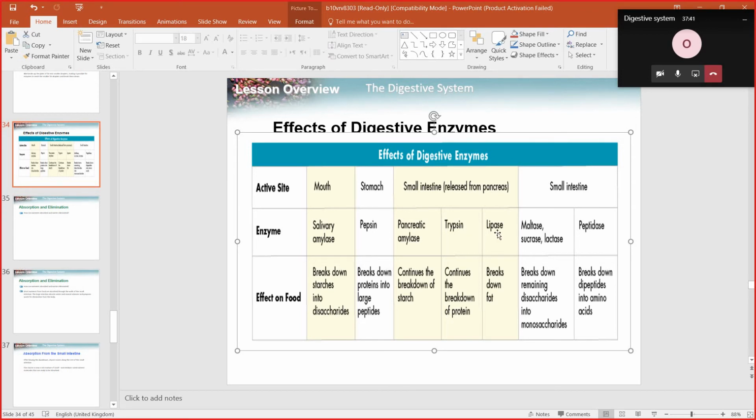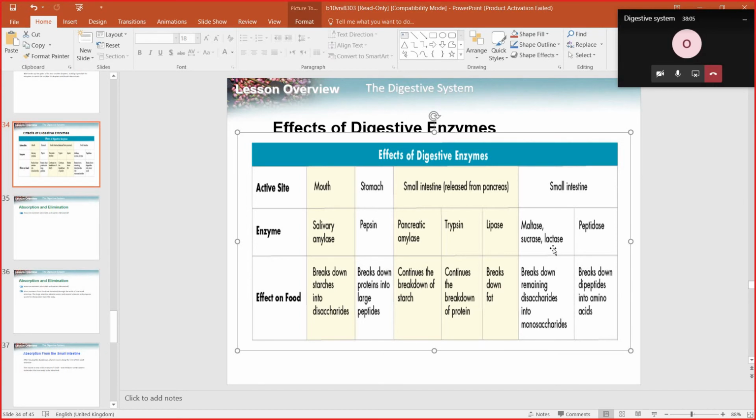Okay, lipase comes from lipids. So the lipase enzyme breaks down fat or completes the digestion of the fat. Then we have other enzymes, as you can see here: maltase, sucrase, lactase.